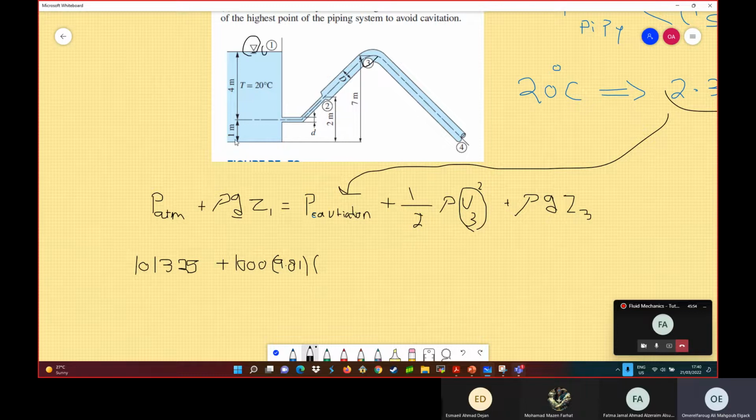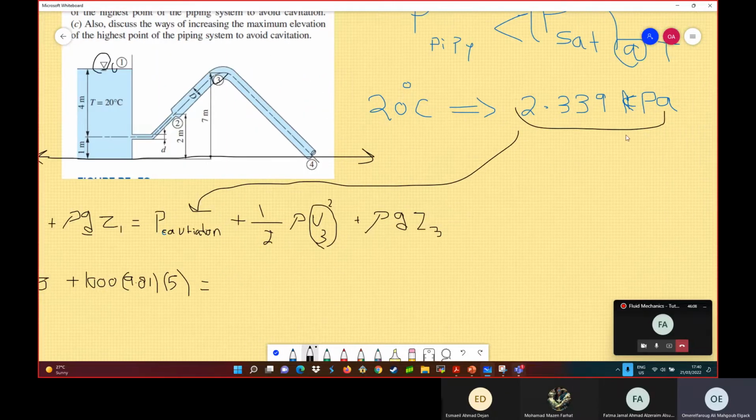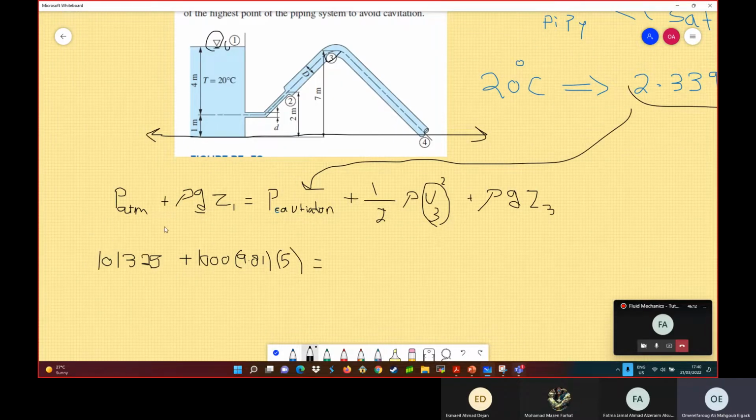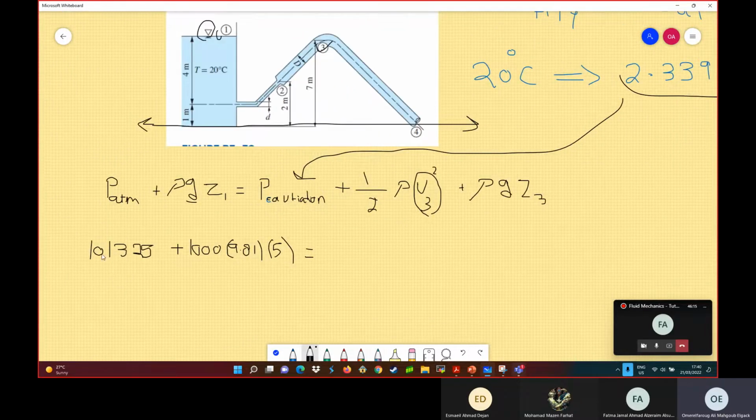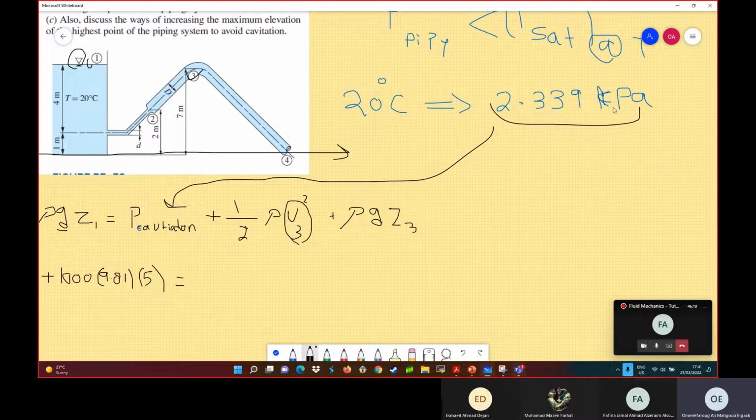The elevation at point 1, 1 plus 4, is 5, assuming this is my datum or my reference. You can take it wherever you want. This is equal to the cavitation pressure. Now this is in kilopascal. Remember, here I put the pressure in Pascal, so I need to convert this one to Pascal.